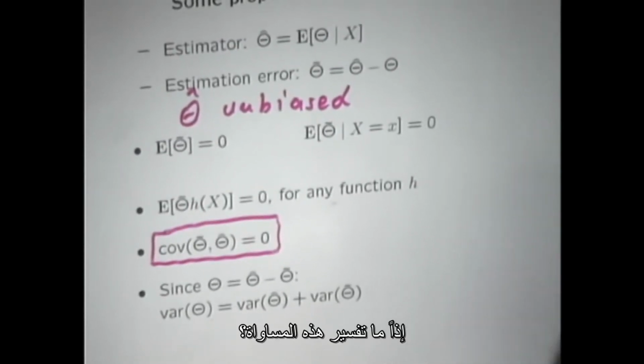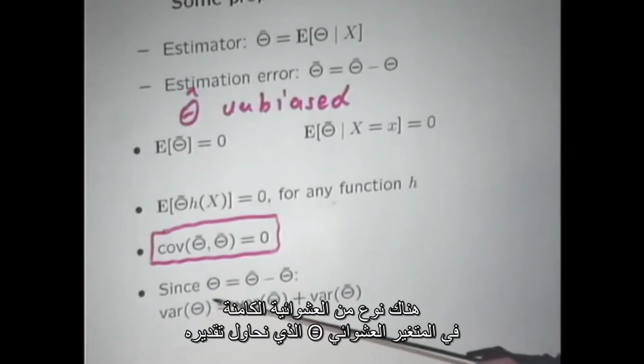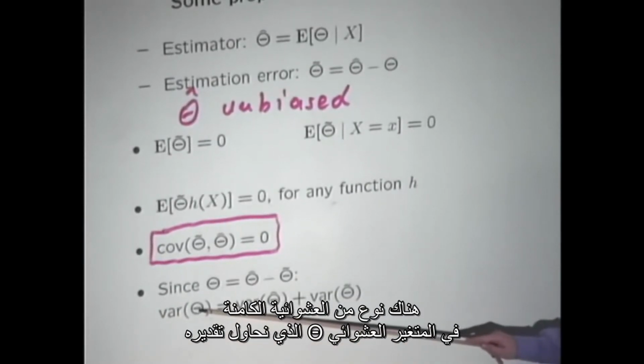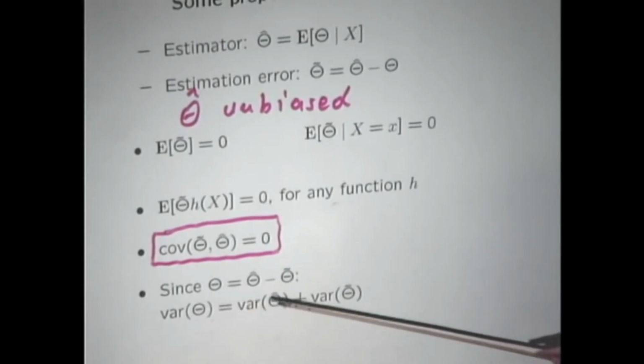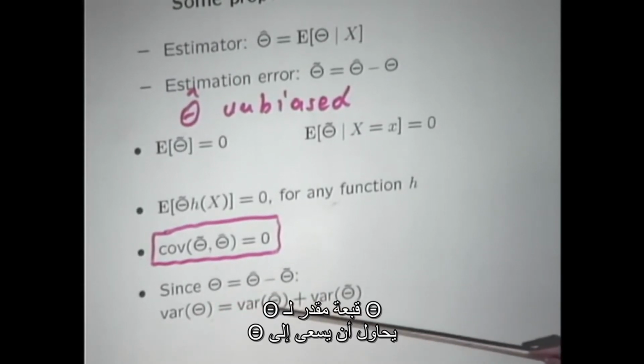So what's an interpretation of this equality? There is some inherent randomness in the random variable theta that we're trying to estimate. Theta hat tries to estimate it, tries to get close to it.